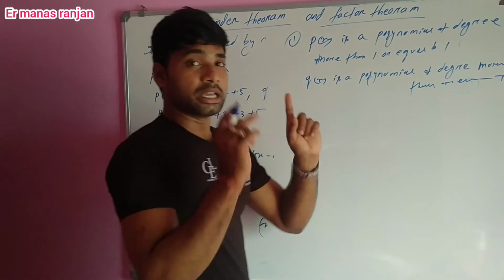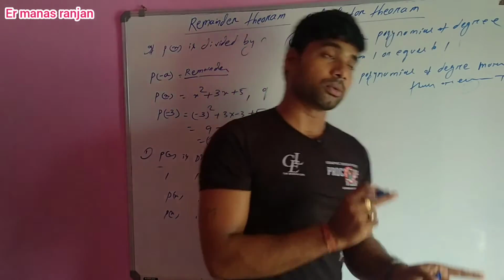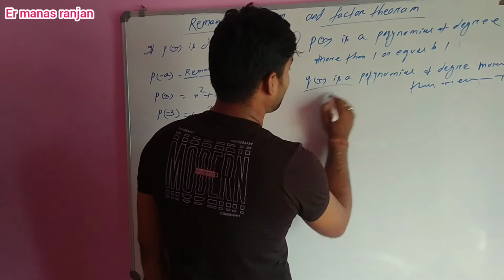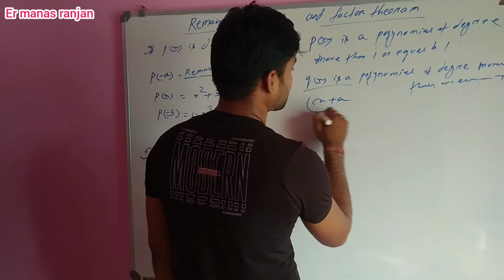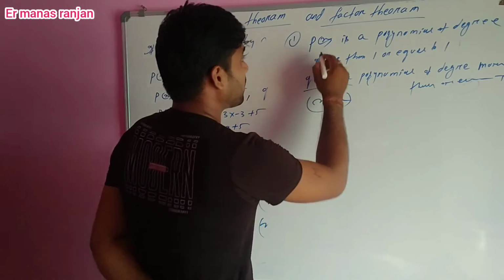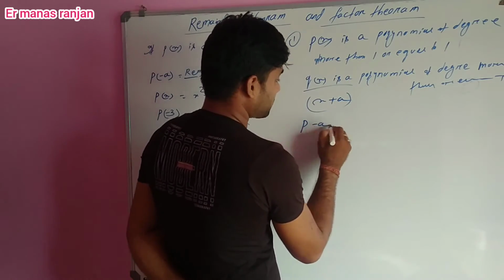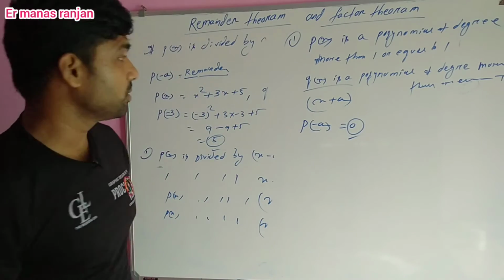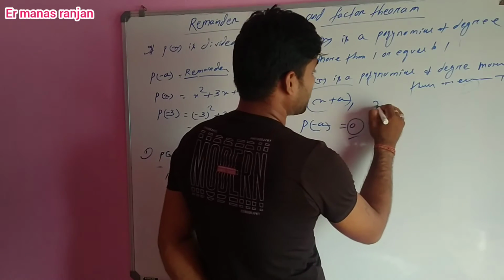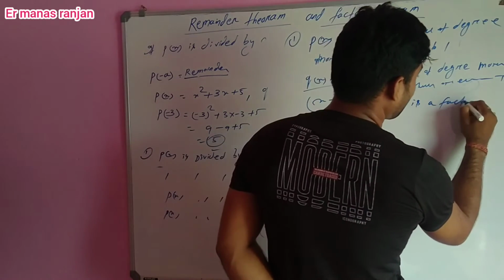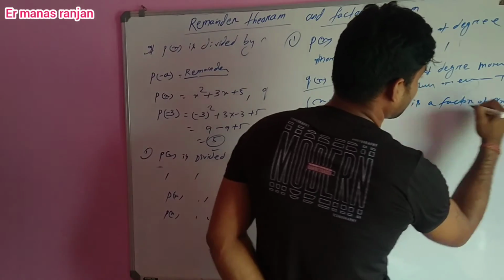Look here. If the remainder is 0, suppose x plus a is a divisor and P of minus a is 0, where a is any real number, then we can say x plus a is a factor of P of x. Any doubt?